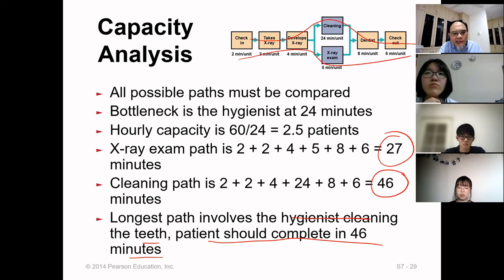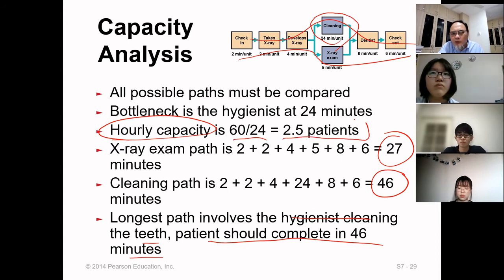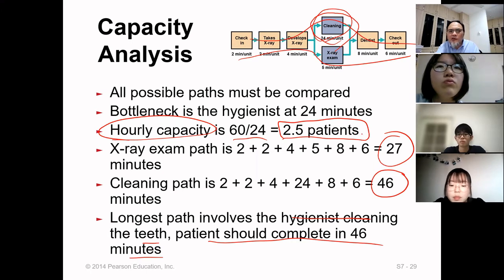Okay. And if they calculate the hourly capacity, that means in this cleaning they can only process 2.5 patients. There is a station here, the cleaning place. So they can only make reservations for 2 patients.